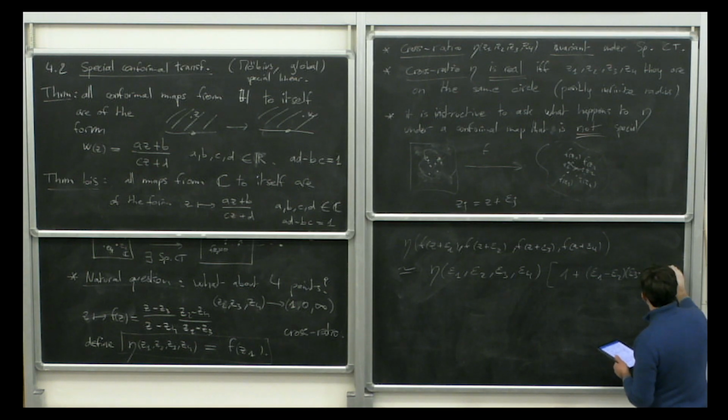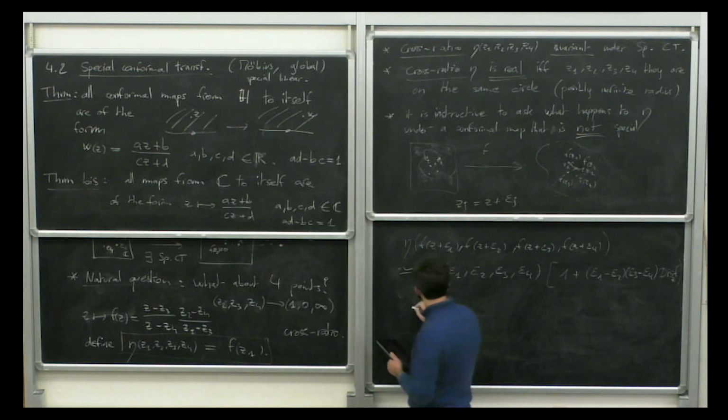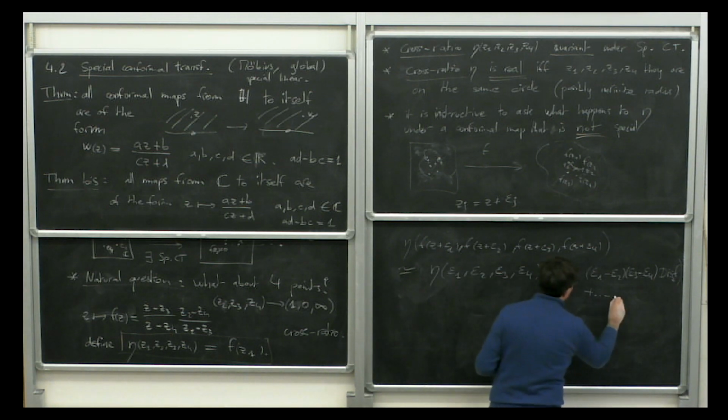And let me call this coefficient, I don't know, this of f at point z, say. So this quantity, and then there are some subleading pieces again.